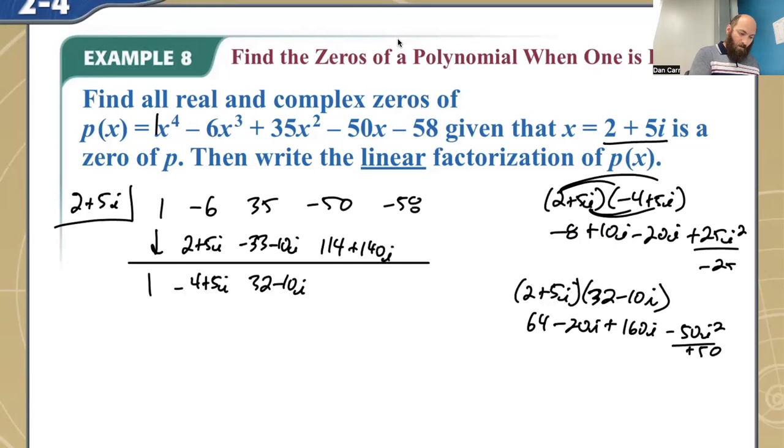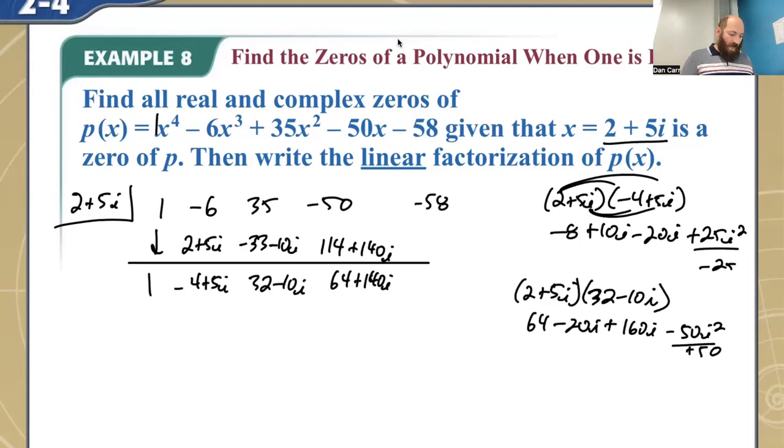Should give myself a little bit more space with this last number. Just shift that over a little bit, -58 over there. Okay, so I can take -50 plus the 114. It's going to give me 64 plus 140i.